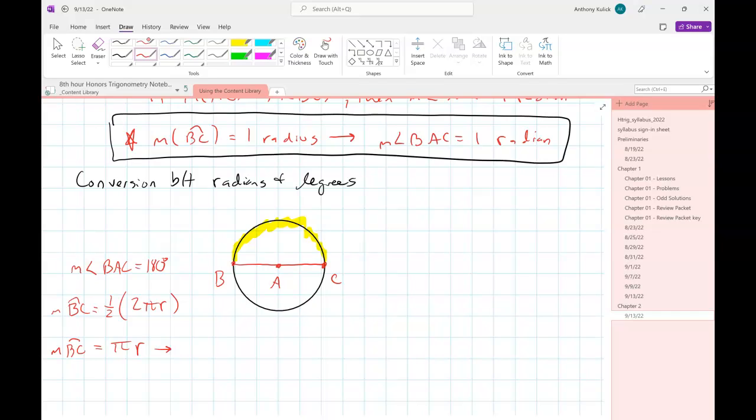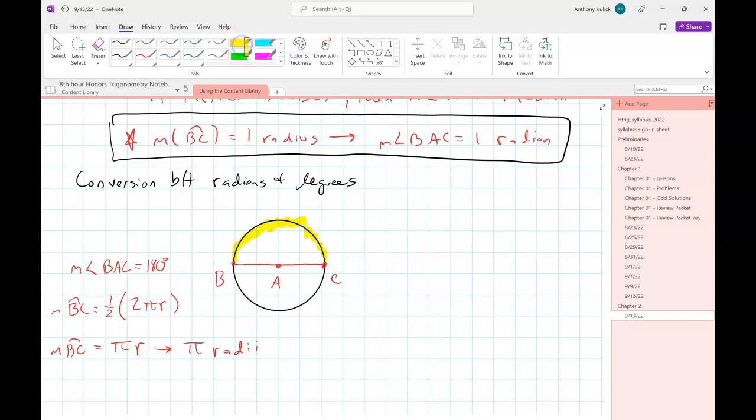So this is saying that this arc length is pi radii, right? If the length is pi r, that means that arc is pi radii long. Everybody agree with that?